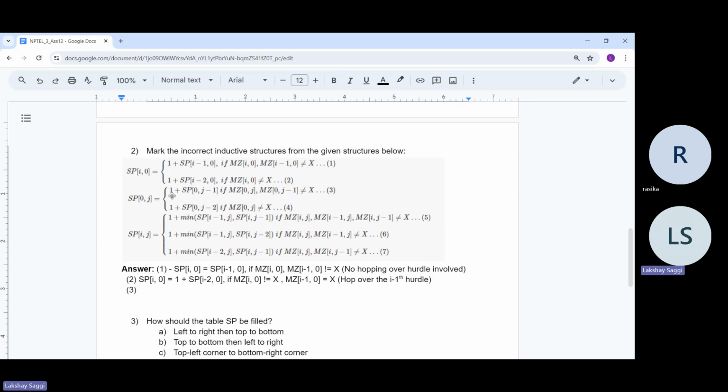So this third inductive structure is incorrect, because actually we won't need to hop if there is no hurdle at j-1, right? We only hop over hurdles. Otherwise, we just take a step, and we need to count the number of hops. So we won't hop in this case if j-1 does not have a hurdle. So maybe I can just correct this.